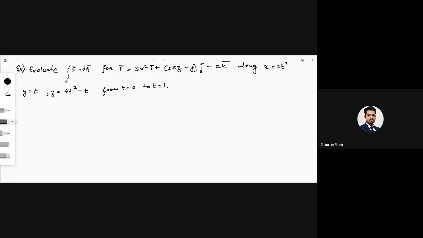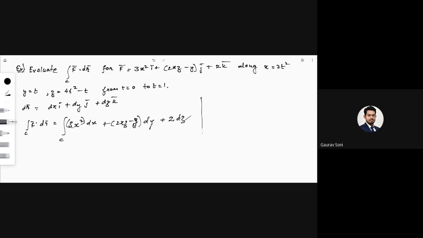Okay? So f bar is given. What is dr bar? Dx i bar plus dy j bar plus dz k bar. So line integral over C f bar dot dr bar will be equal to, take the dot product of these two, that will be 3x square dx plus (2xz minus y) dy plus z dz.